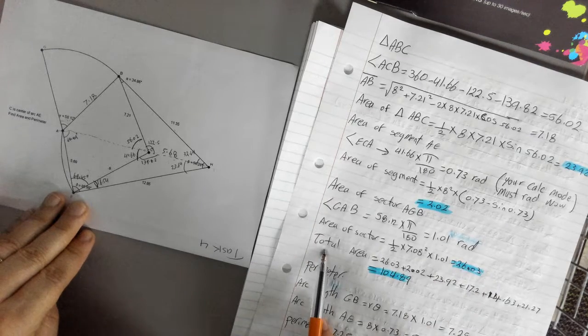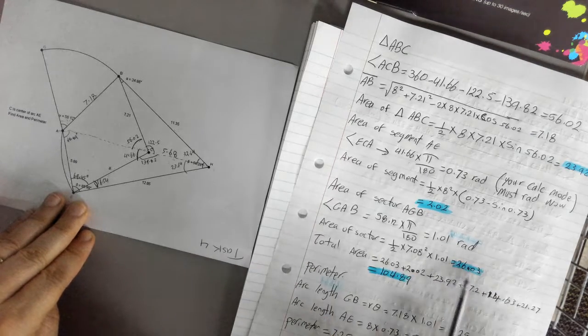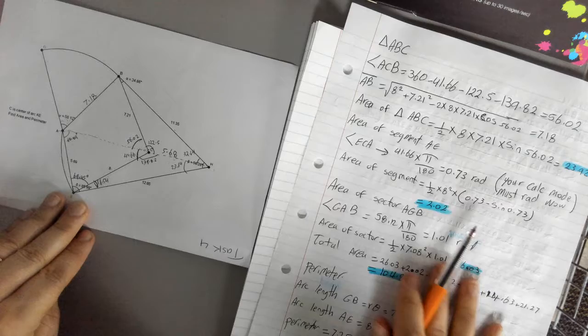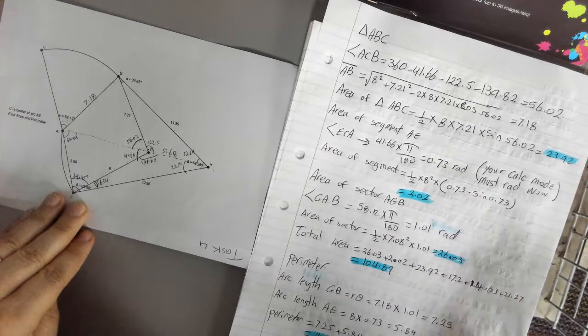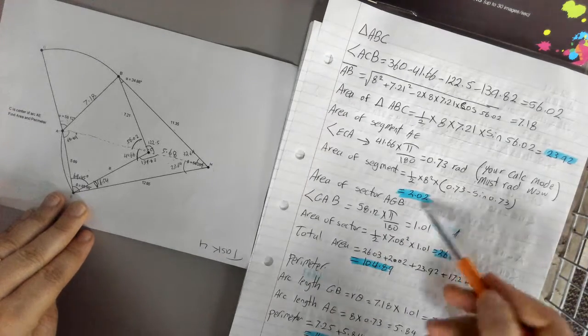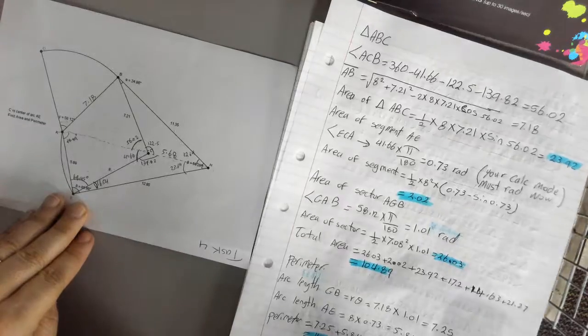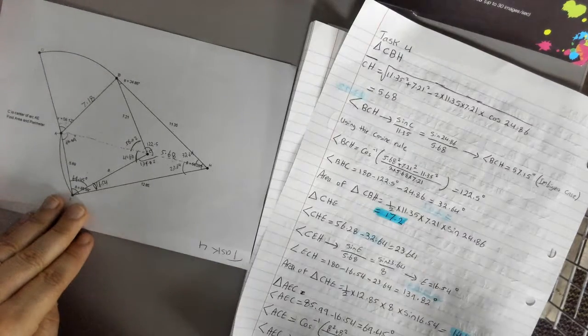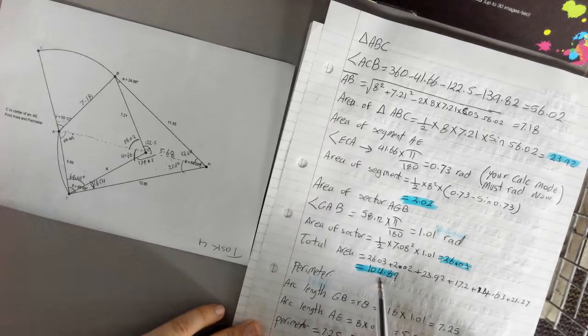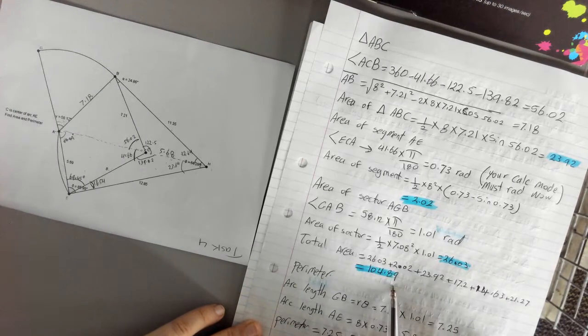Now calculating the total area is easy, just adding everything up that I've highlighted in blue. I've got 6 different shapes, and I've added all the areas together, and that gives me 104.89 as the area of the total shape.